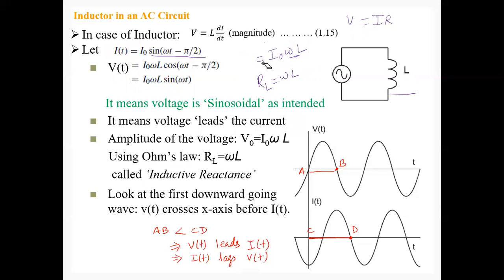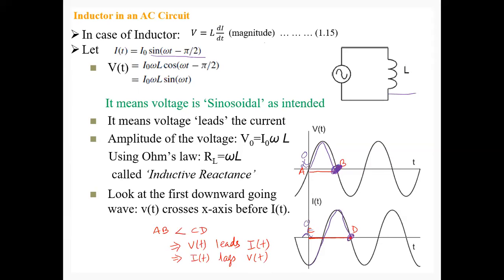Okay. Similarly, lagging and leading behavior can also be seen from this diagram. Suppose you are here. So you look at this guy again, right? The first downgoing point. From here, what is the first downward going point? That means the x-axis. This is the point. Then from here, what is the first downward going wave? This is not downward, this is upward, this is upward, then downward.